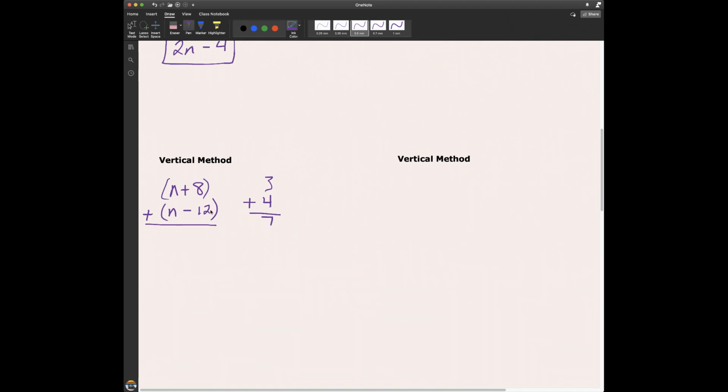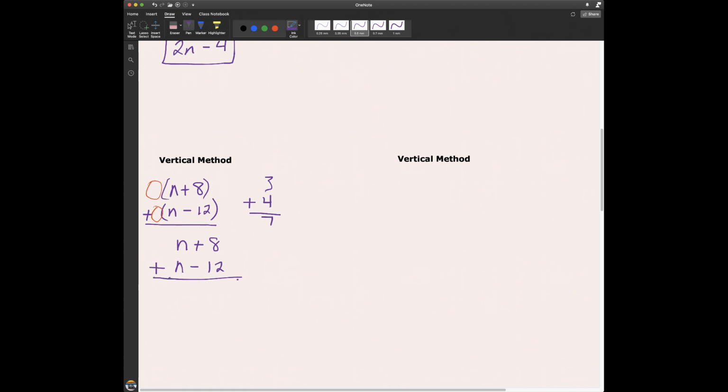So that's what we're doing here, these linear expressions. So the question still that I need to answer is can I drop the parentheses? Well, again, there's no value in front of the linear expression, so I can go ahead and I can drop the parentheses. n + 8 plus n - 12. Okay.